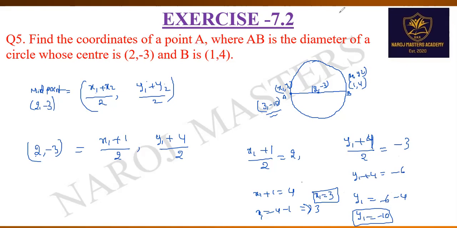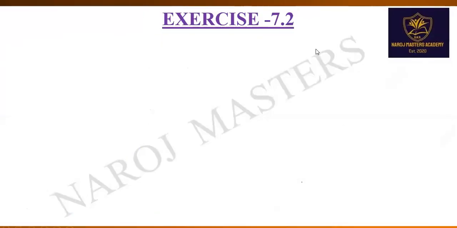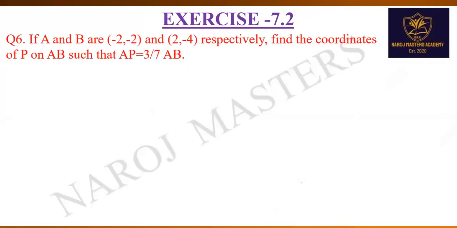Now look at question number 6 next. If A and B are (-2, -2) and (2, -4) respectively, find the coordinates of P on AB such that AP is equal to 3/7 AB.